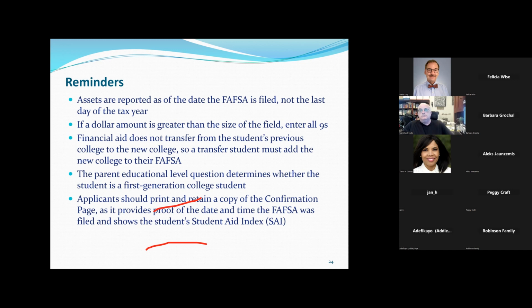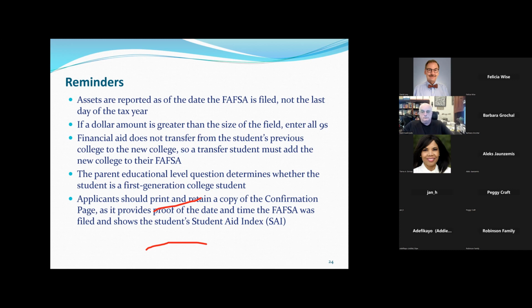Just a reminder that if someone provides false information on the FAFSA, the penalties include fines of up to $20,000 and up to 5 years in jail. Plus, the student will have to repay all of the student aid they receive. Some colleges will even expel the student for violating the college's honor code.